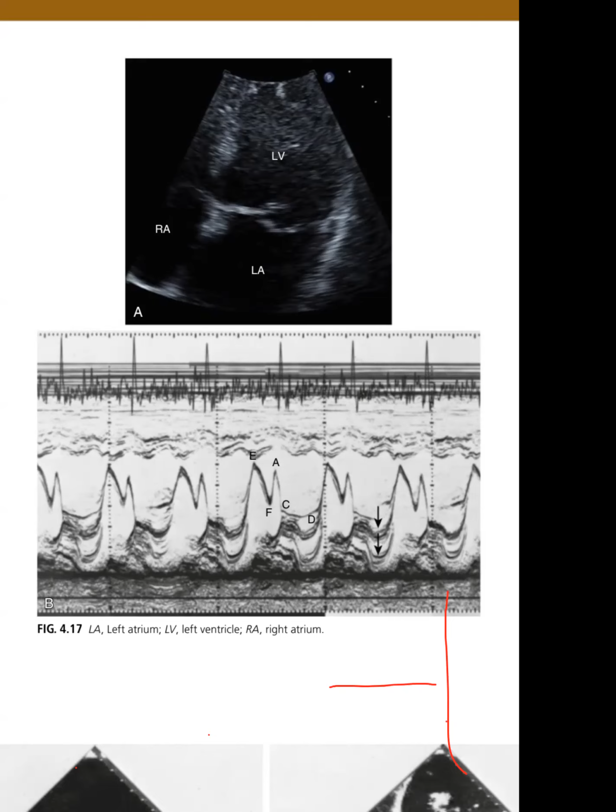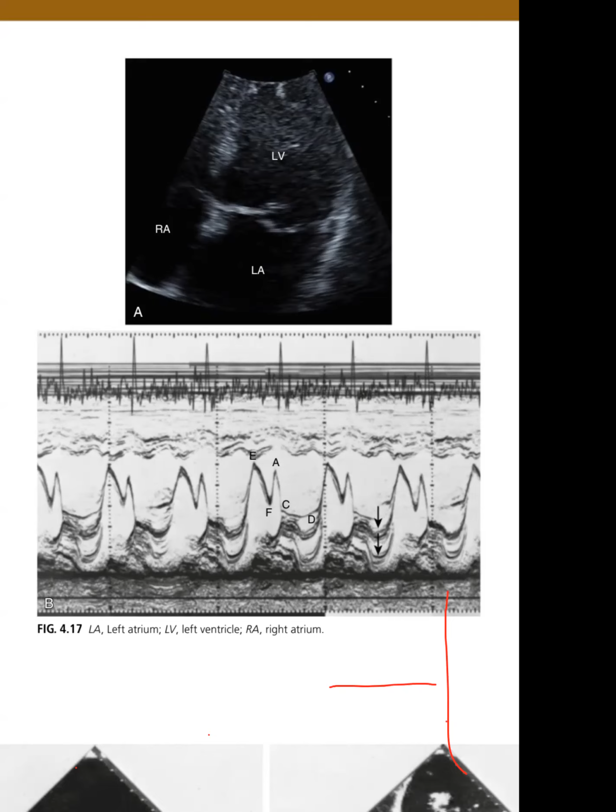And then if we look at the M mode, this is M mode usually from the parasternal long axis, sampling at the tips of the mitral valve leaflet. So what it is showing you is the opening and closing of the mitral valve. They've put letters in the images.